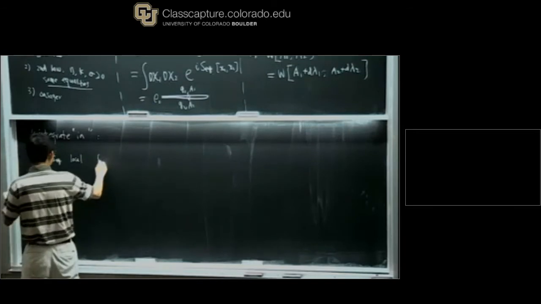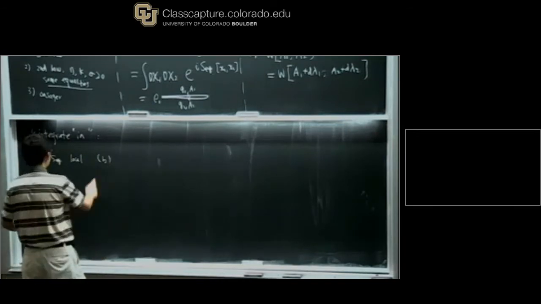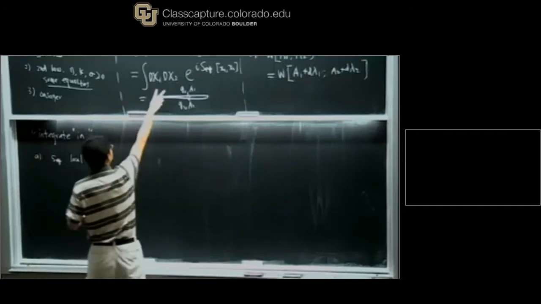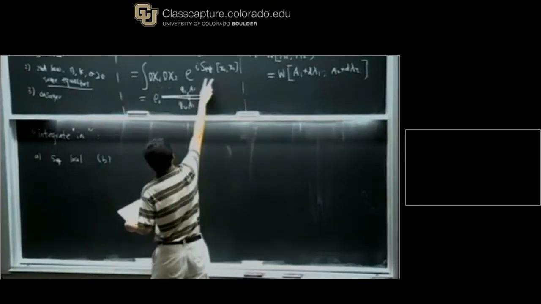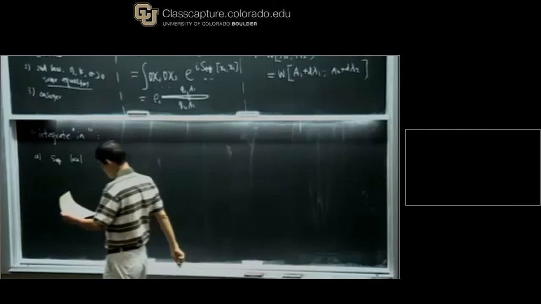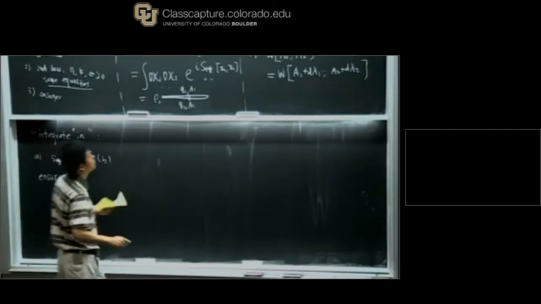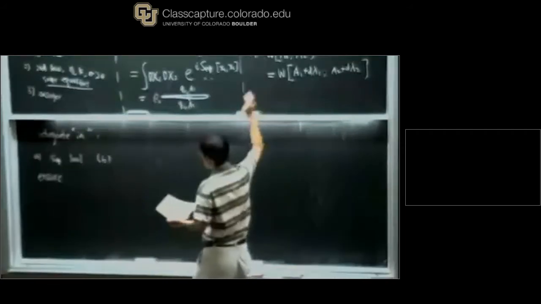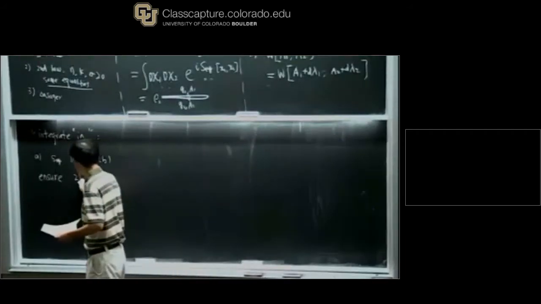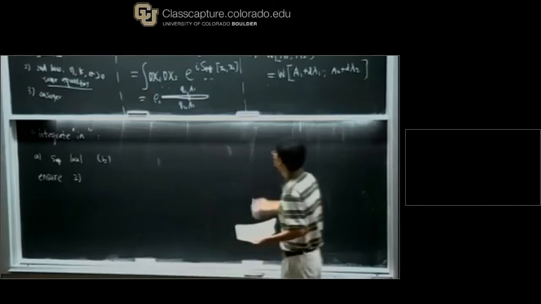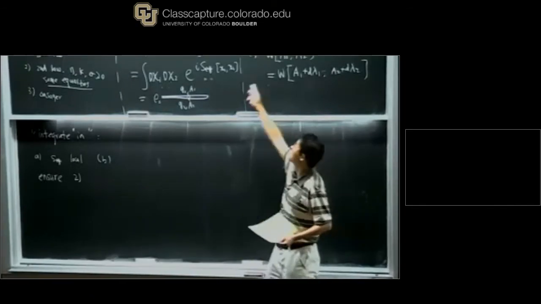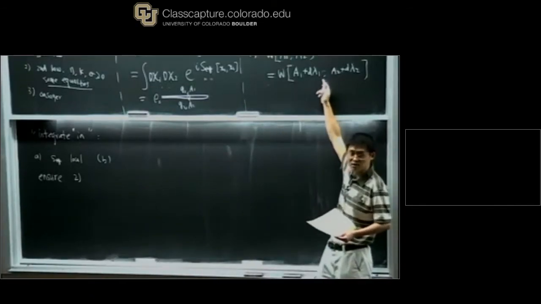The second clue is that this gapless mode must appear in this effective action in a way to ensure equation 2. Whatever the gapless mode is, this has to be ensured at a fundamental level.